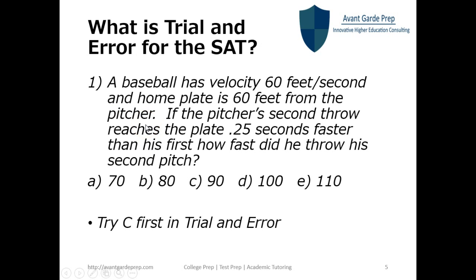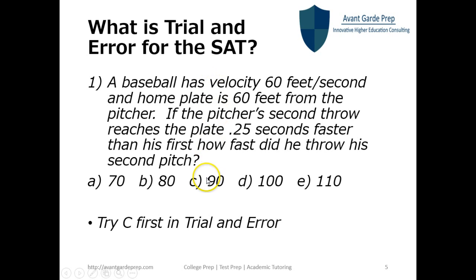Okay, our first trial and error example involves a baseball. Imagine a baseball that has velocity 60 feet per second and a home plate that's 60 feet from the pitcher. If the pitcher throws his second throw 0.25 seconds faster than his first, how fast did he throw his second pitch? Now that sounds like a lot of information, and if you were in math class you would want to use some of the equations that your math teacher had taught you.